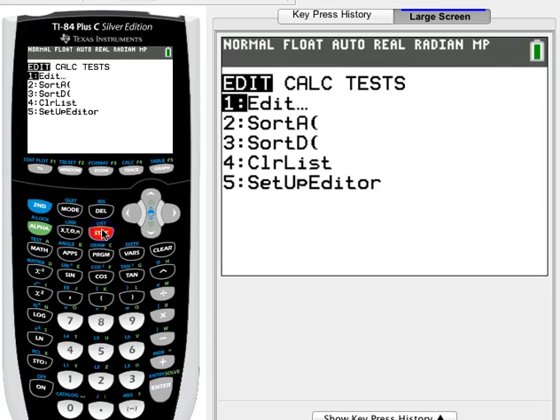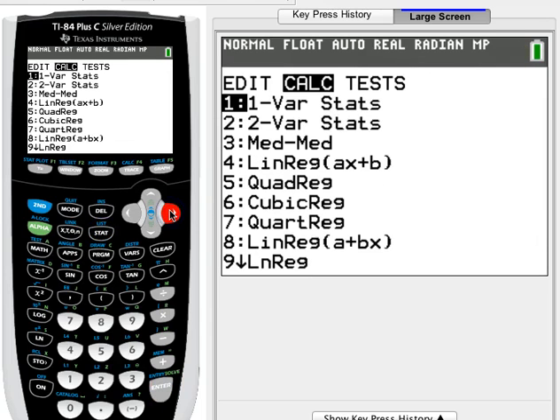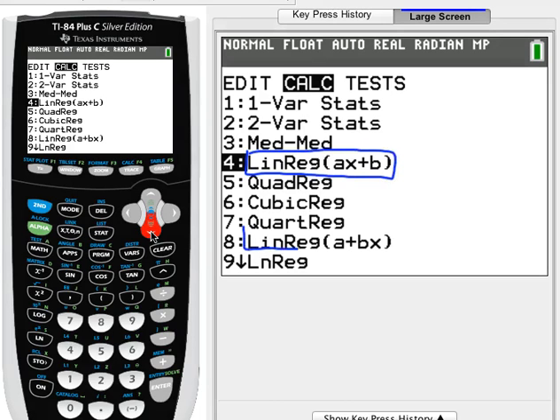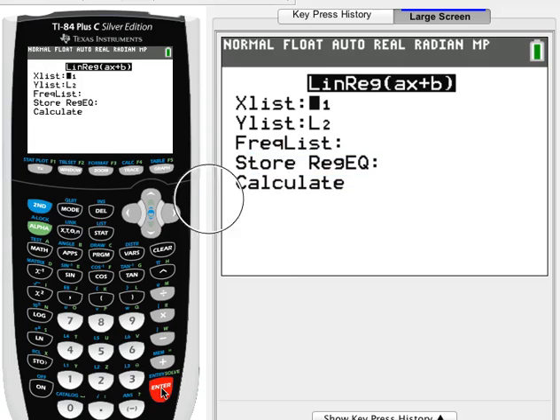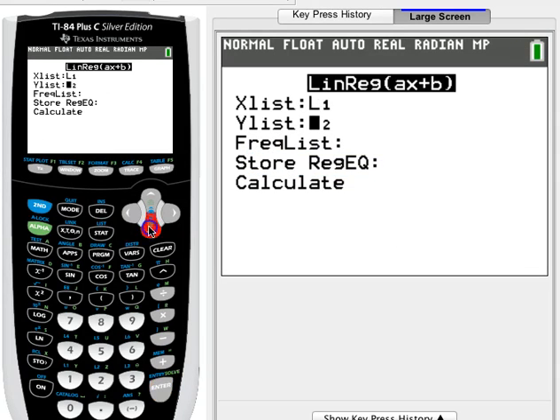I'm going to go to Stat, over to Calculate, and here you'll notice there are two linear regressions. Quite honestly, I don't care which one you use. Whichever one you use is your personal choice. You just have to know how to write it. For example, if you're going with number 4, you hit linear regression for number 4, with x's in list 1 and y's in list 2.